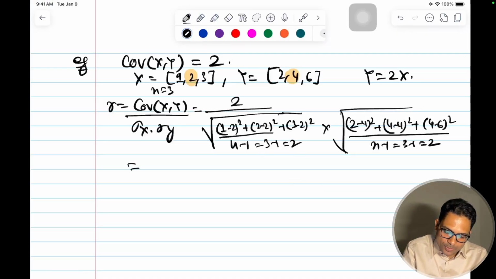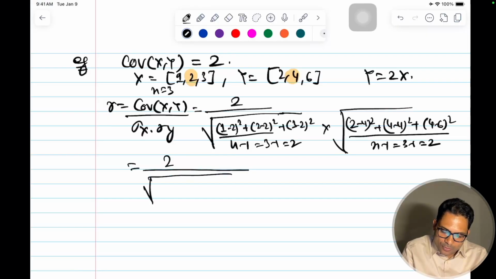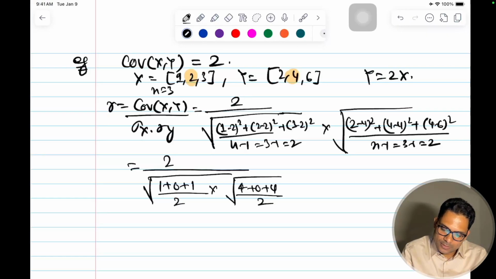So let's calculate this. This will be equal to 2 divided by the square root of (1 plus 0 plus 1) by 2, into the square root of (4 plus 0 plus 4) by 2.